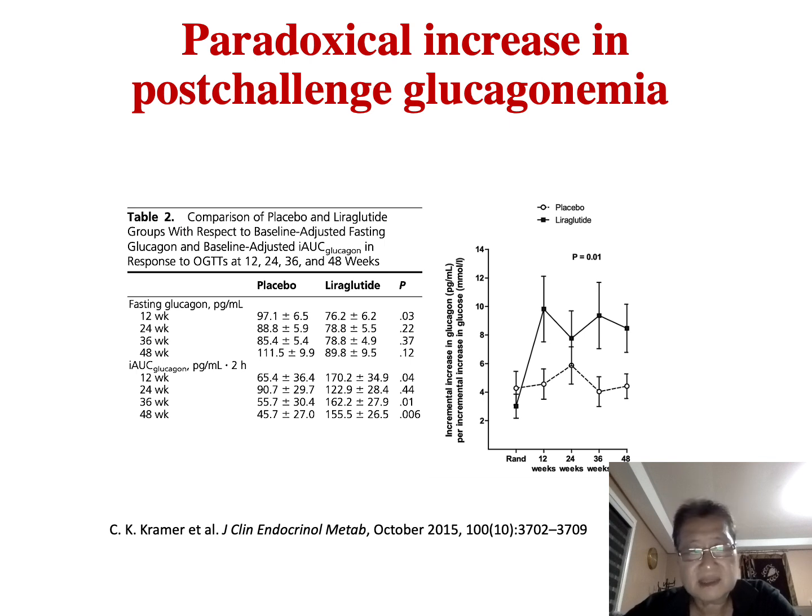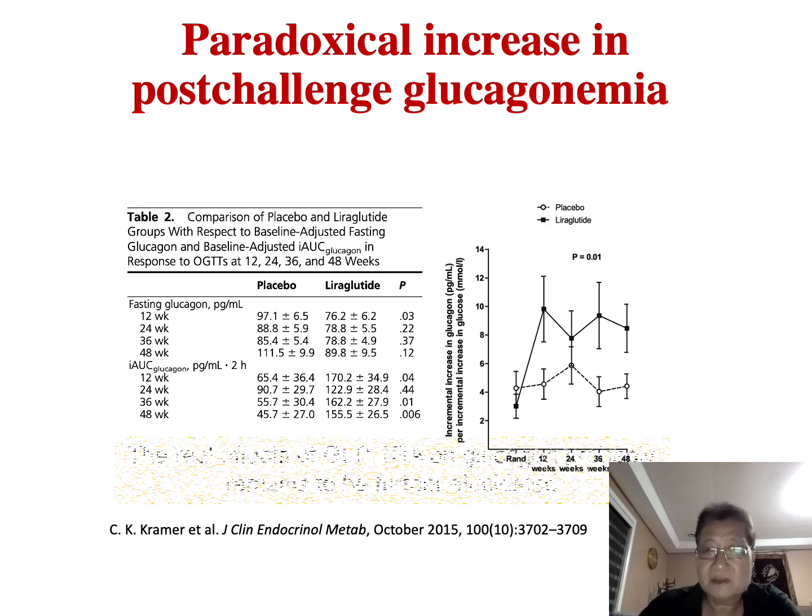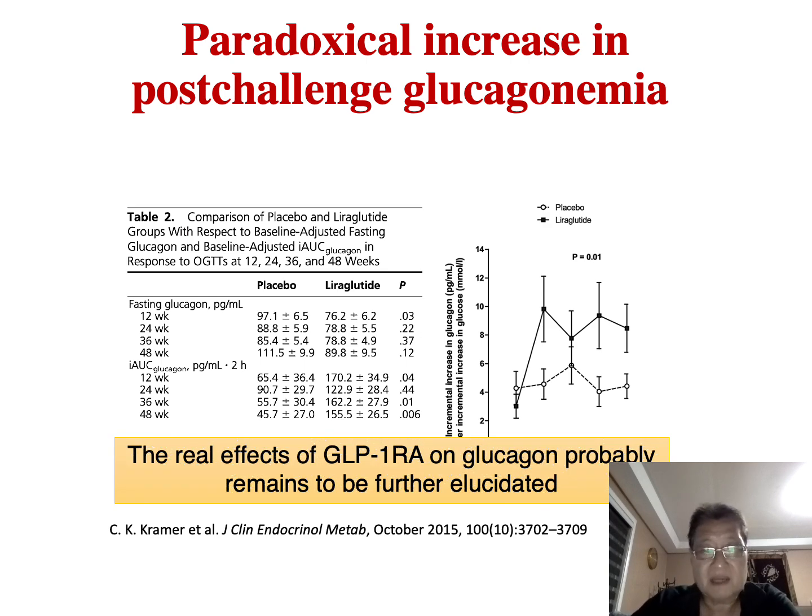This data highlights the need for further understanding of the impact of chronic, long-term GLP-1 agonist therapy on alpha cell and islet physiology. The mechanism by which chronic liraglutide treatment may induce post-challenge hyperglucagonemia remains unclear, as well as its clinical implication, so the effect remains to be further elucidated.